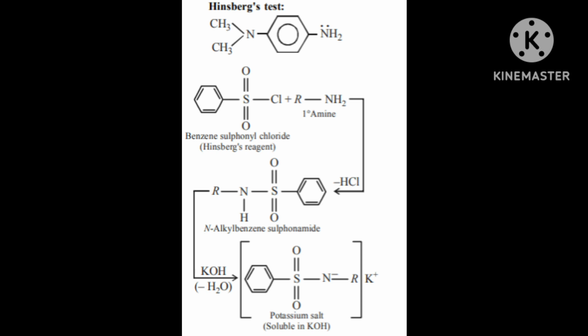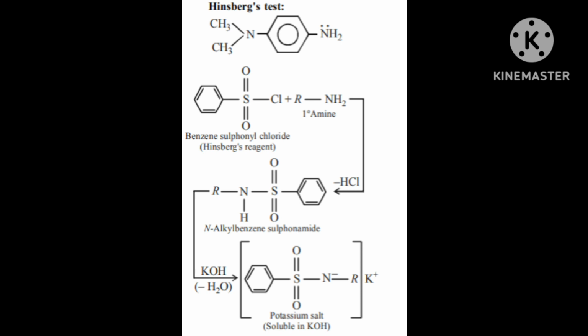Why? Because it is attached to the sulfonyl group, which attracts the electron, so hydrogen will not hold the electron and will go out. That's why it will be strongly acidic.